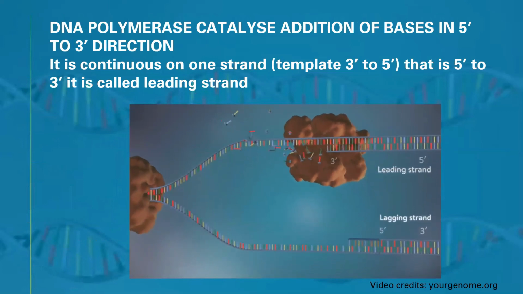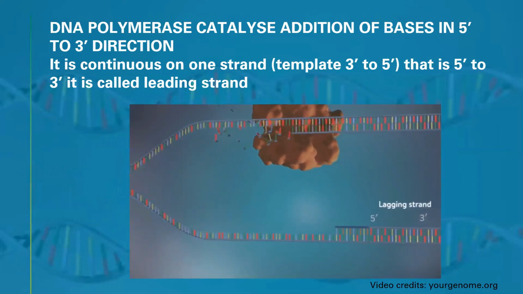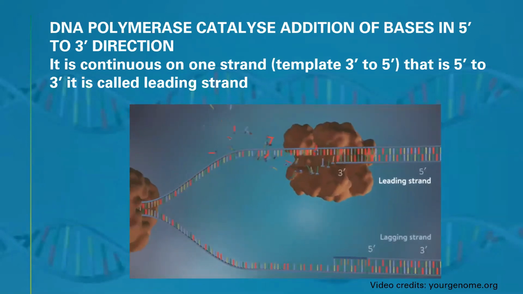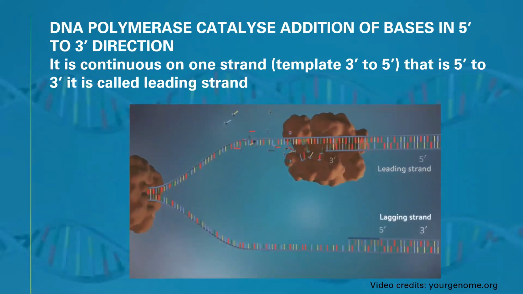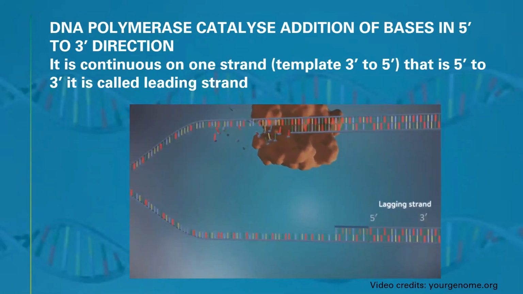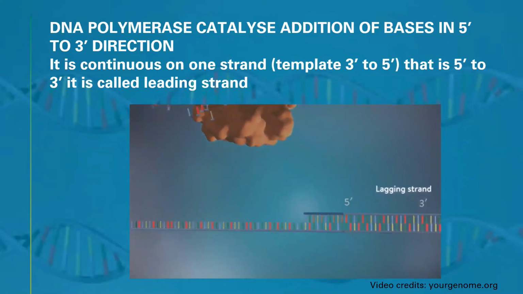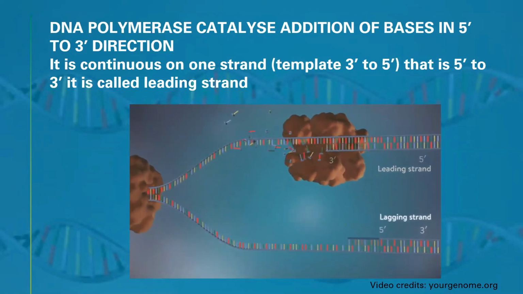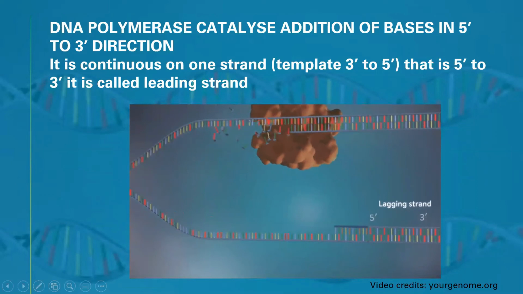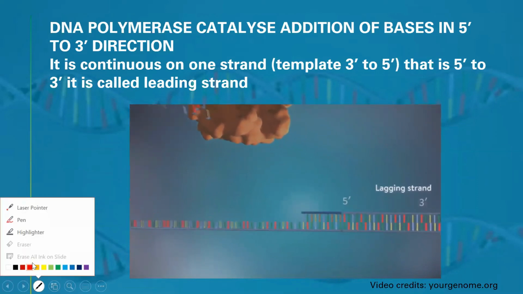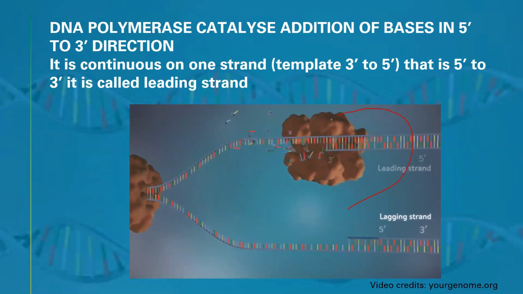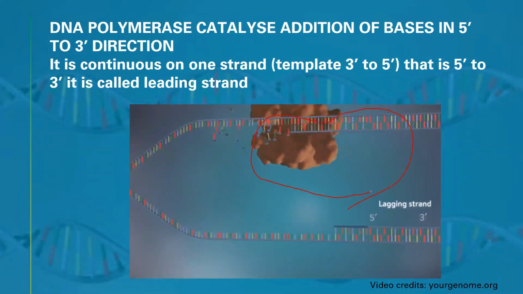See how one strand is the leading strand and the other is the lagging strand. On the lagging strand, DNA is formed only in small fragments. Just concentrate here on the leading strand. See, this one is the leading strand.